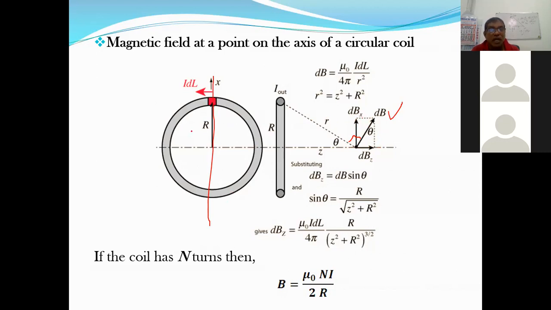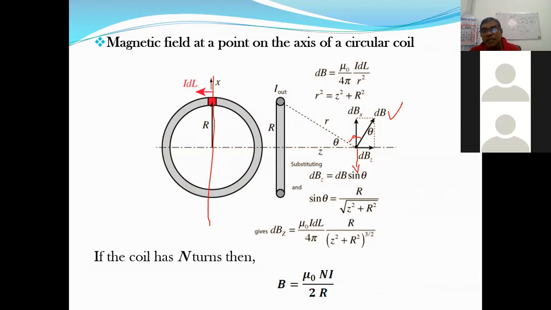But due to the other part, the magnetic field is in the other direction, right? So therefore this dBx is cancelled out. So only dBz, that is along the axis, remains.